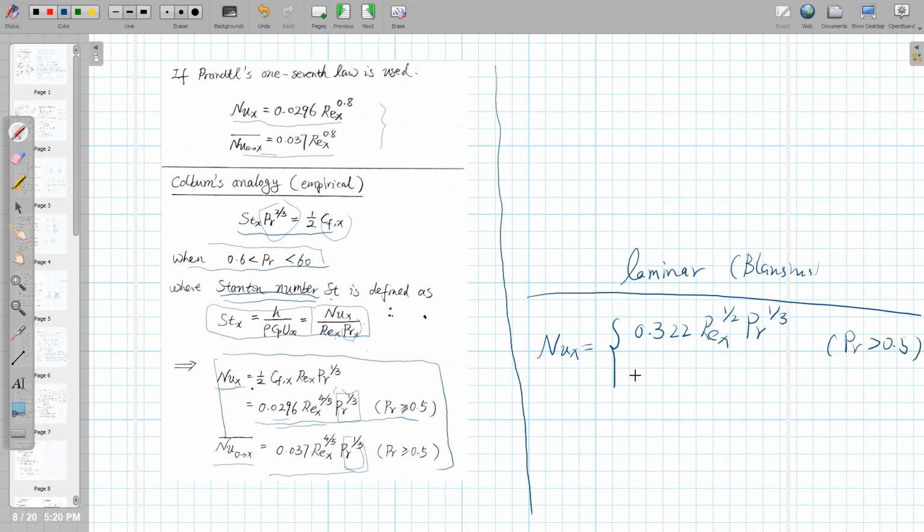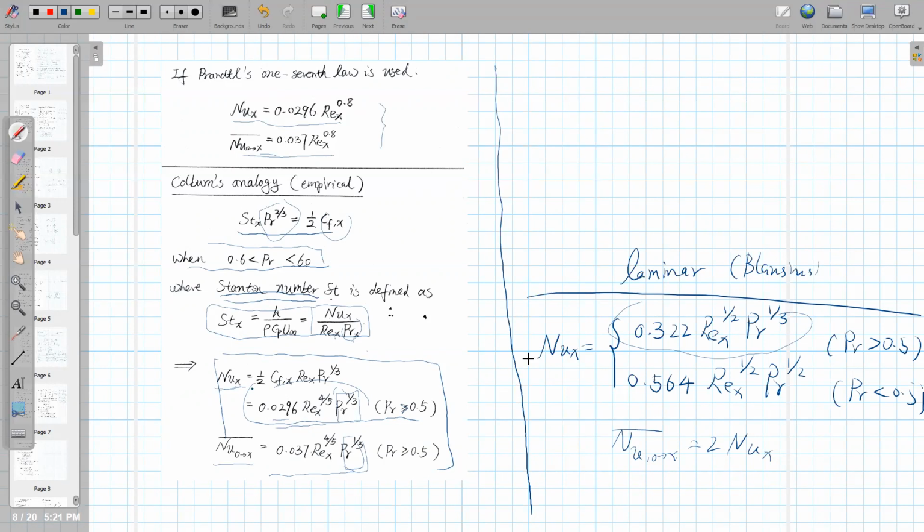And you also have 0.564 Reynolds number x to the 1/2, Prandtl number to the 1/3... for Prandtl number smaller than 0.5. So you can compare this correlation with this one when the Prandtl number is larger than 0.5. For the laminar cases, you also have the average from 0 to x, which is just equal to 2 times the local value at x. You have this average.